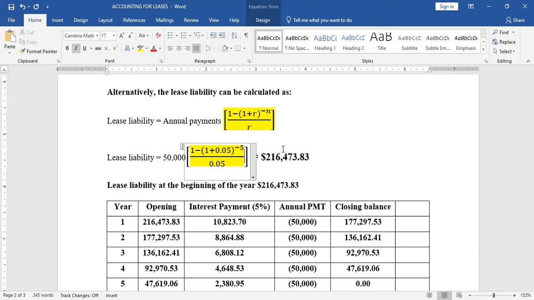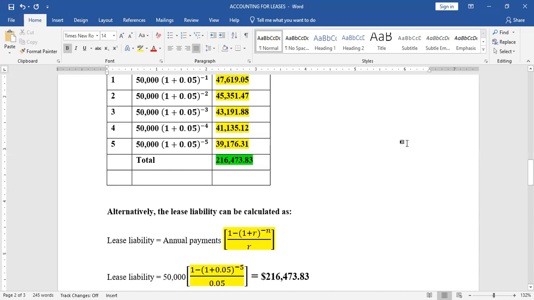After I found the top part, I divide later, and then I have 4.3294. And then I multiply that by 50,000, and I'm obtaining 216,473.83. Okay. So this number is the same as these ones here. So this is what has basically happened.